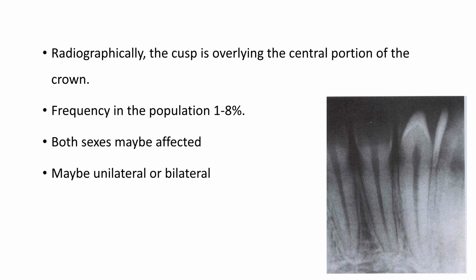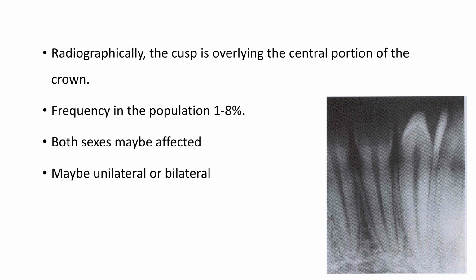Then coming to radiographical features, radiographically the cusp is seen overlying the central portion of the crown, and it includes normal enamel and normal dentine. Only a few cases of talon cusp demonstrate visible pulpal extensions on dental radiographs.